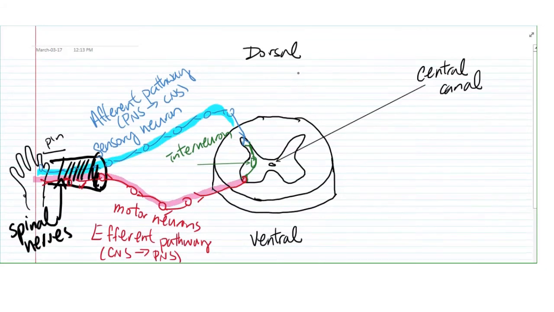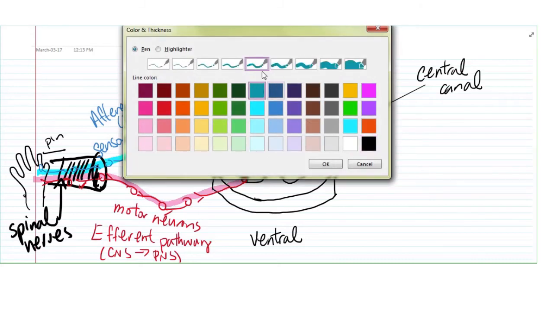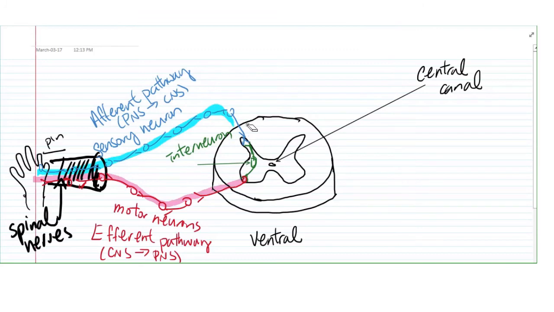Now, where does the brain come into the picture? Well, the brain is going to be somewhere up there, and it turns out that when the information comes in at the back of the spinal cord, some of that information will be passed on to the interneuron, but another bit of the information is transmitted to some tracks located at the back of the spinal cord.